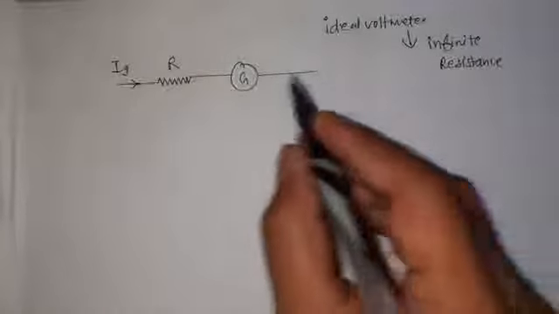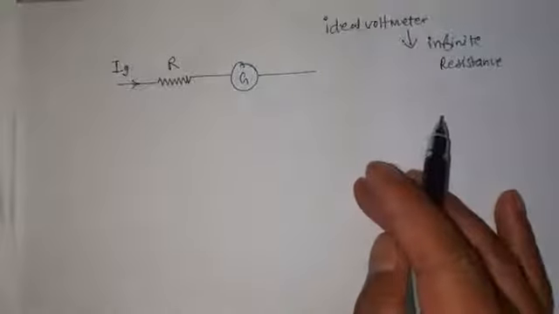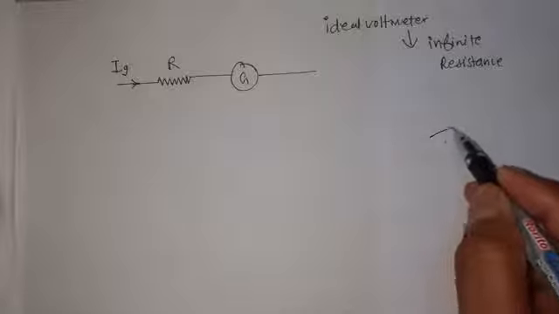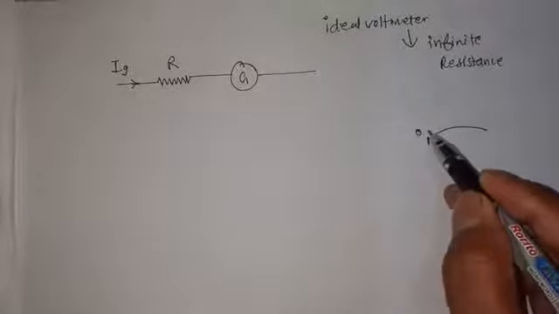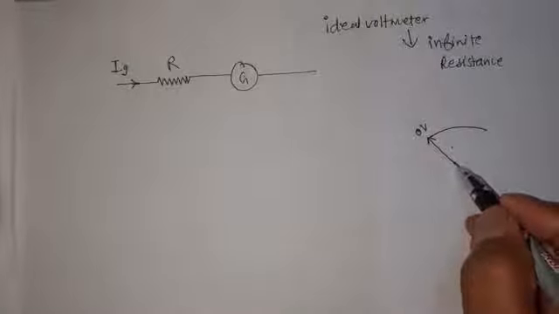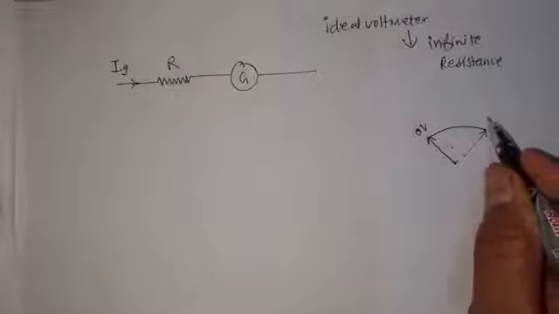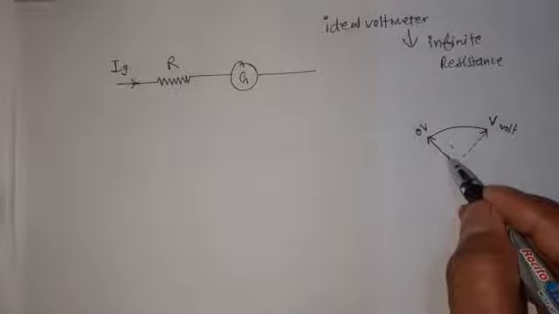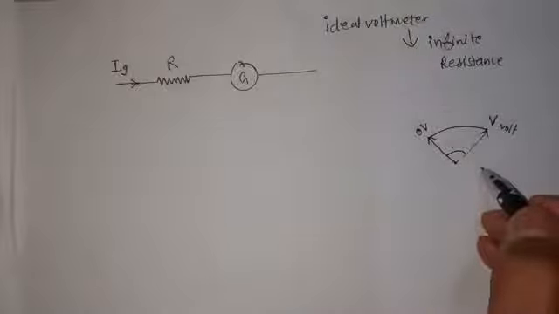So the galvanometer should pass only that much current for which it gives full deflection. Let us see what full deflection means. This is our pointer. If it is at this position, it is reading 0 volt, and at this other position it is going to read V volt. This is the full scale deflection of the galvanometer.